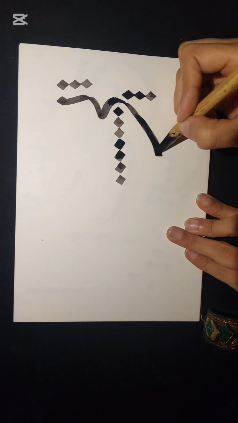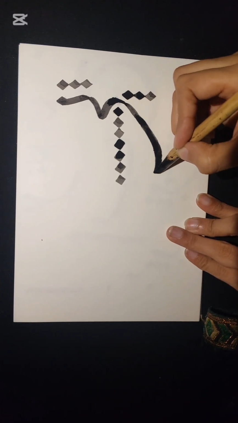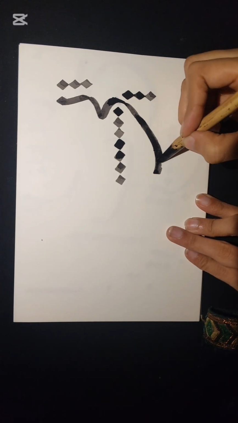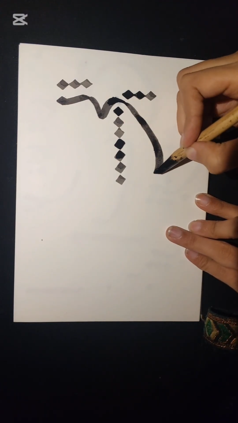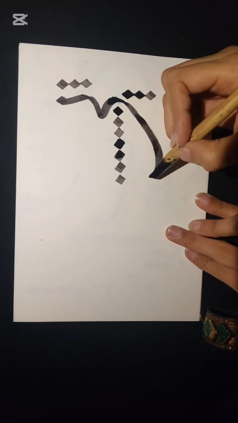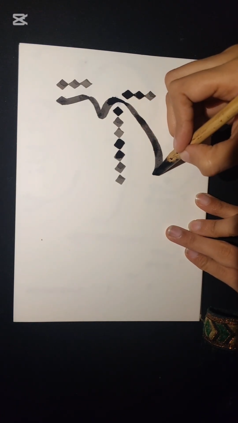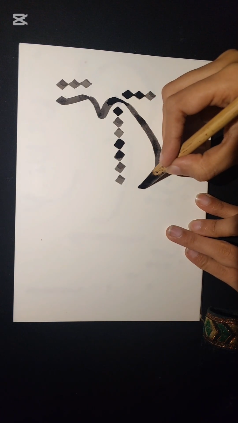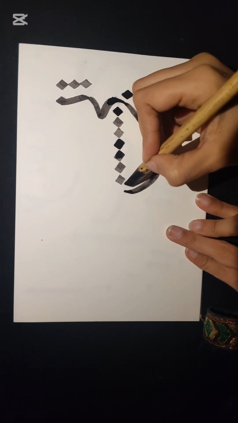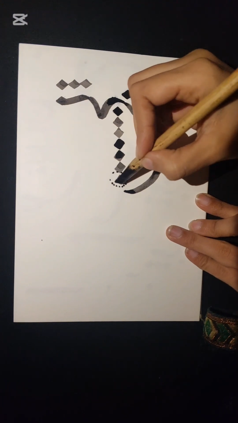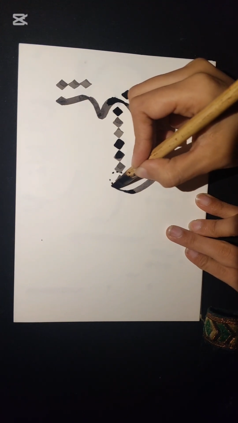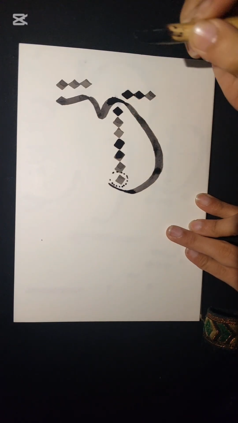Now we will start moving up. Here we will start the upper movement, and this will also be circular movement, like ba. And here is our ba ya.